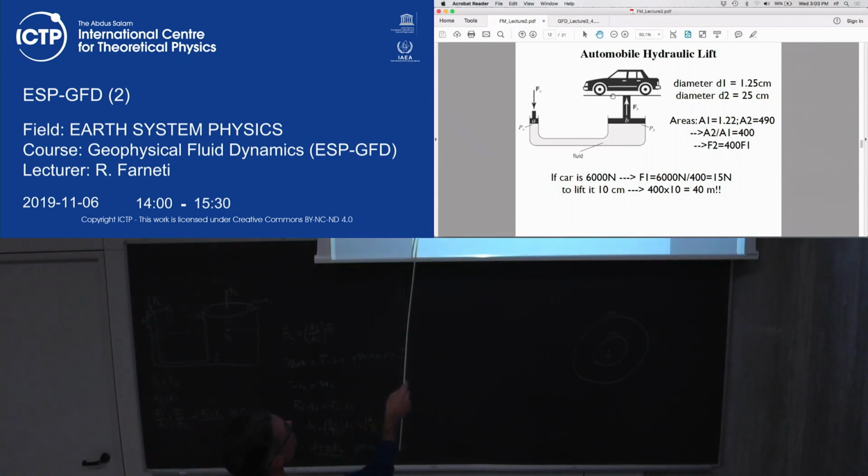The price to pay is that this D1, okay, so how much you have to push the liquid into the system, this D1 has to be much larger than D2, okay.